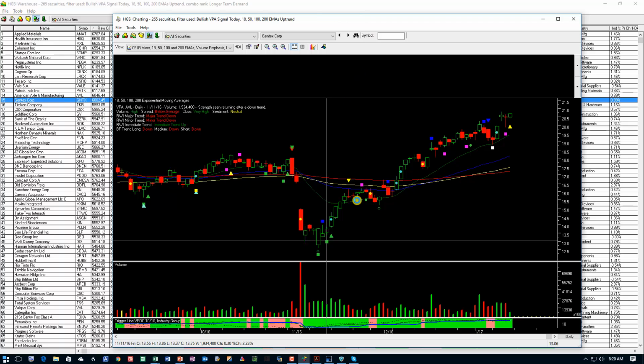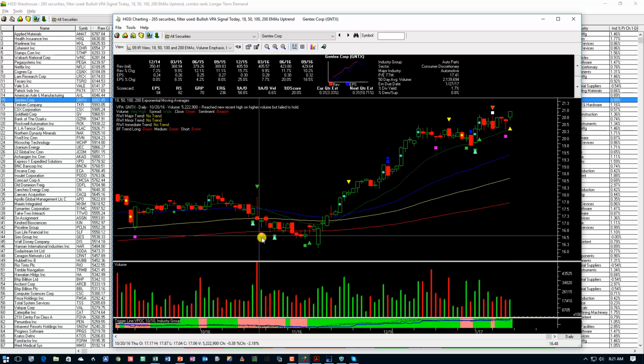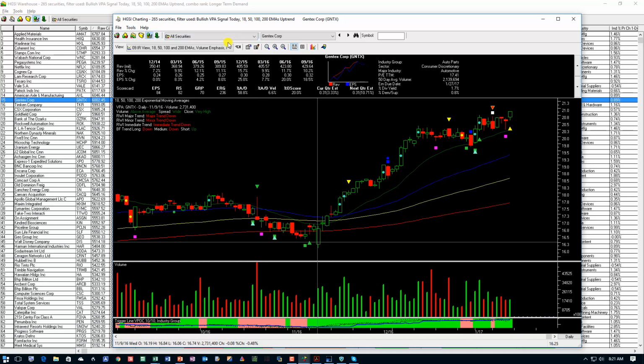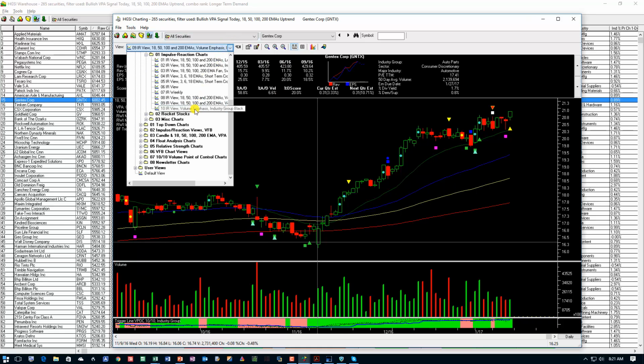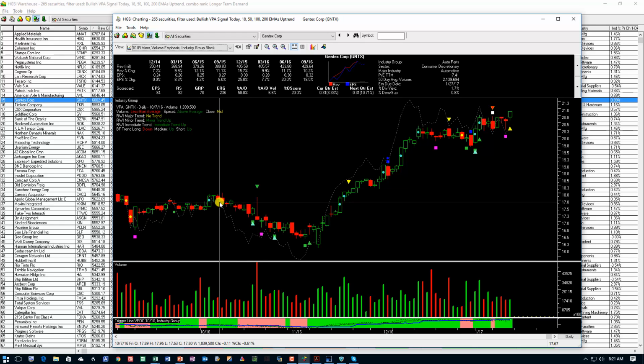Now this stock here has a different personality, because it did go down during that sell-off, but it wasn't a sharp break. And right in here, starting right over here, we're starting to see a little accumulation. It dropped further though. Let's bring the group line in, and you can see that this was heavily influenced by the group.